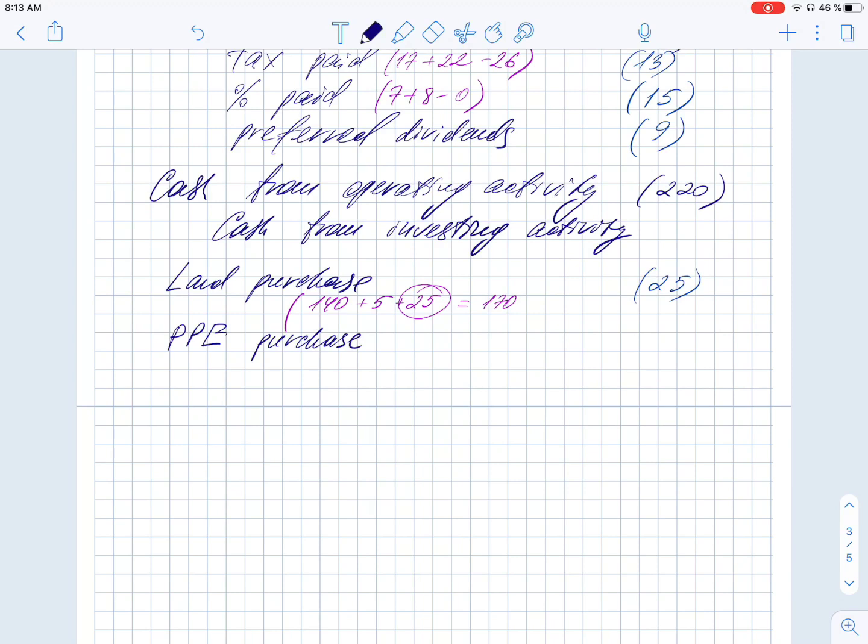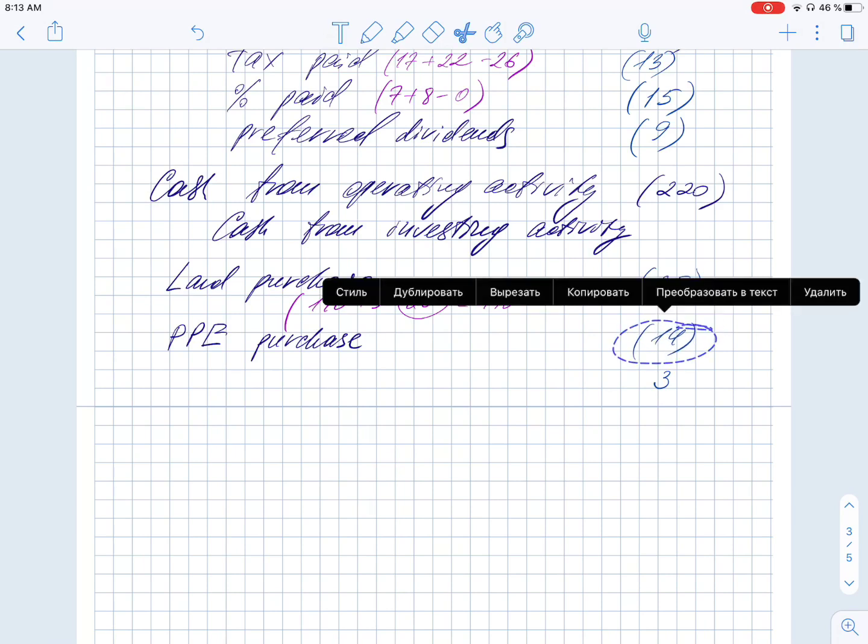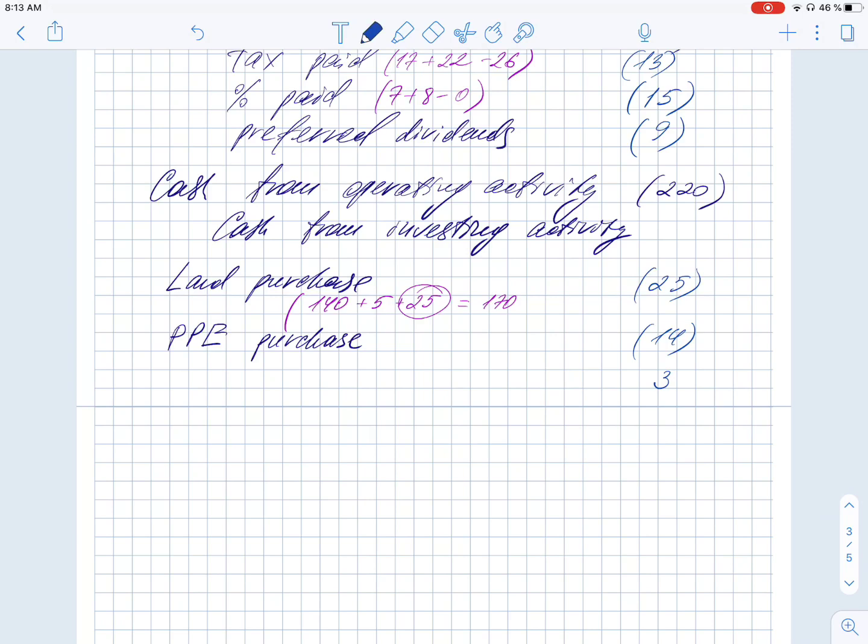The next line is property, plant, and equipment purchase. The total amount spent on property, plant, and equipment is given. This is 14. We can easily find it in the additional information section. So 14 should be deducted as well because that amount the company spent on purchase of new equipment. And 3 should be added as receipts from the sale of non-current assets. We've already considered that amount while calculating loss on disposal.